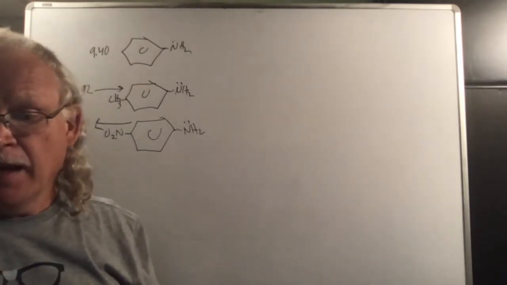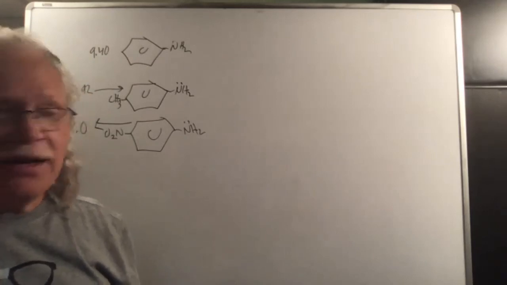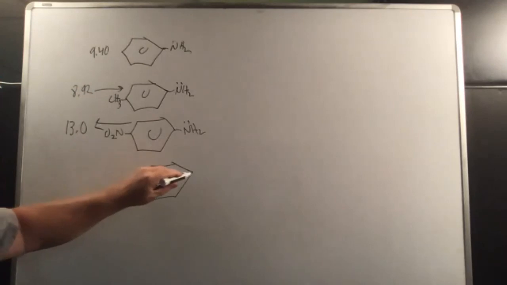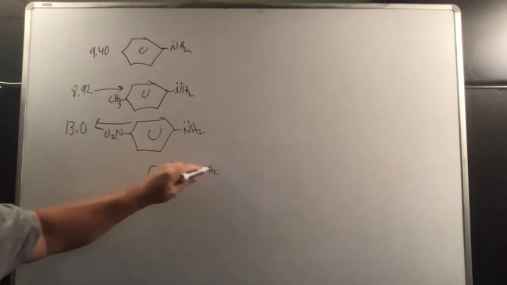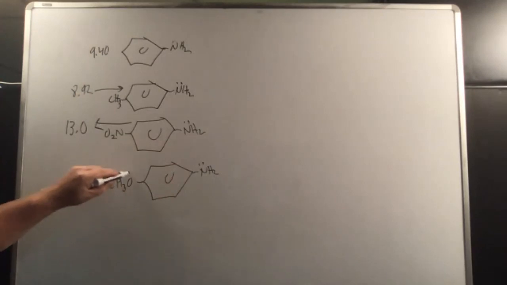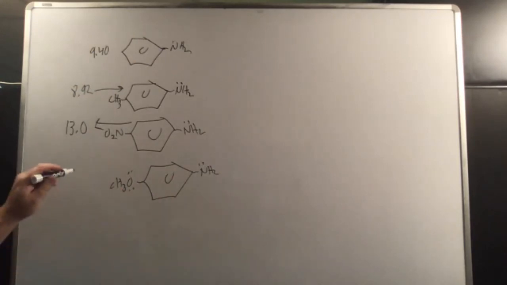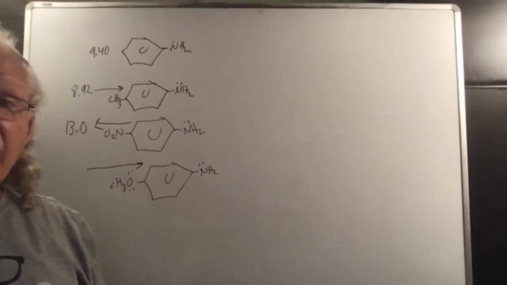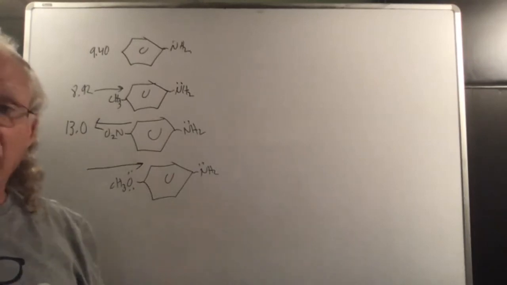Now, what about an OCH3 group? Whenever we were doing aromatic chemistry, we said the OCH3 was a donating group, but it didn't donate via the inductive effect. It actually donated via resonance.